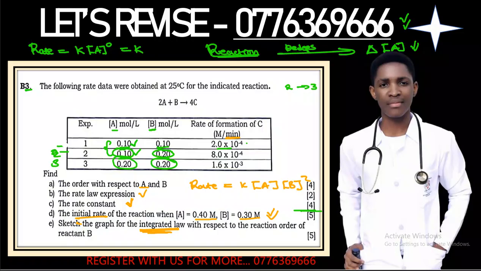So what you are going to do is say the initial rate is going to be equal to k, which we found is 0.2, and [A] is 0.4, and [B] is 0.3 squared. So what is going to be our initial rate?